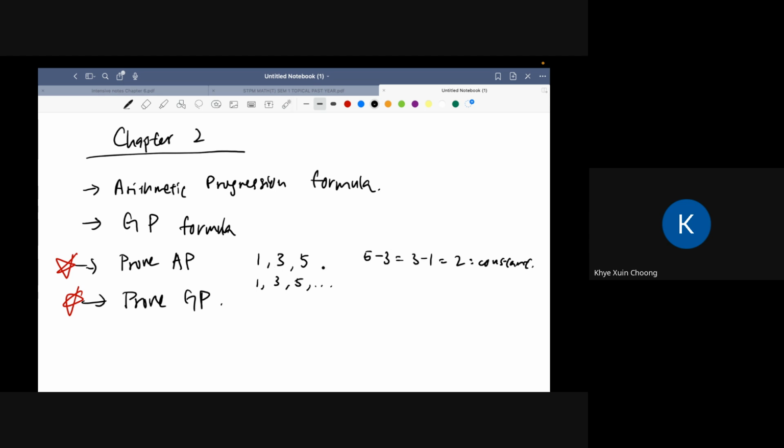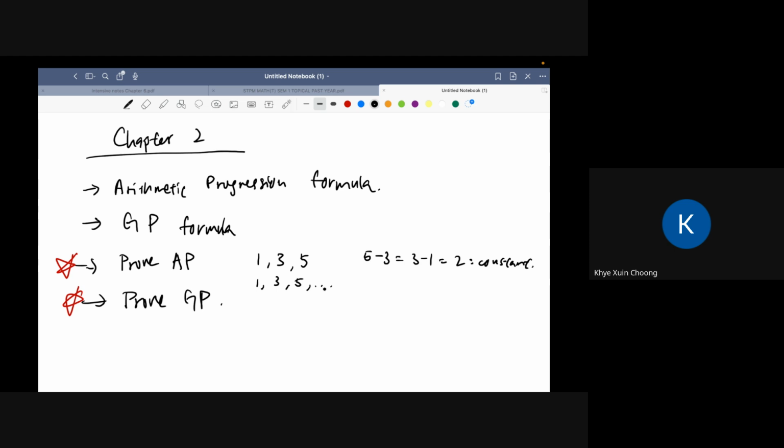Because if there are no dot dot dot, it means that there are only three terms inside the sequence. So if there are only 3 terms, then by relating these 3 terms, you are actually proving the whole sequence already. But if there are dot dot dot, it means that the sequence goes infinitely.